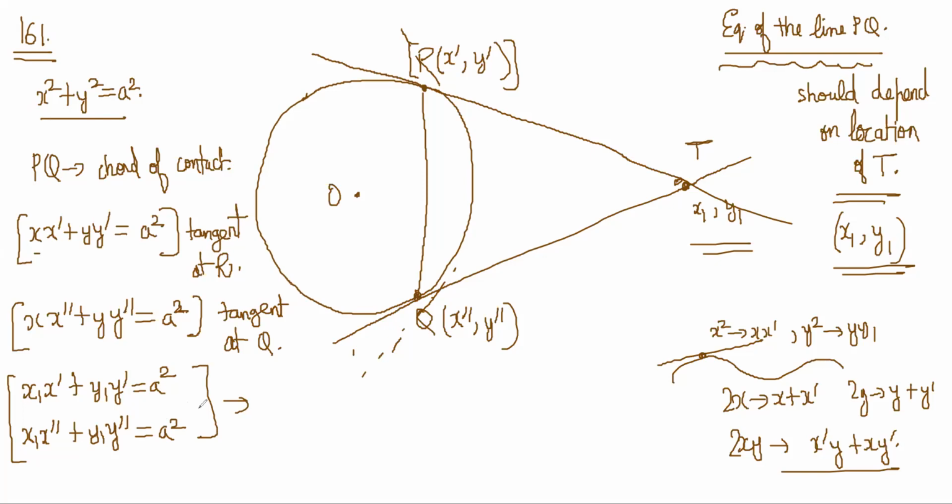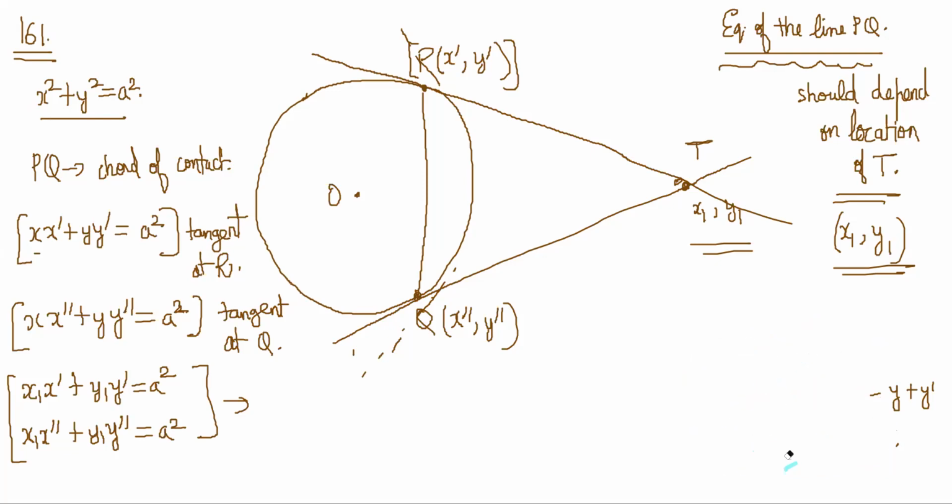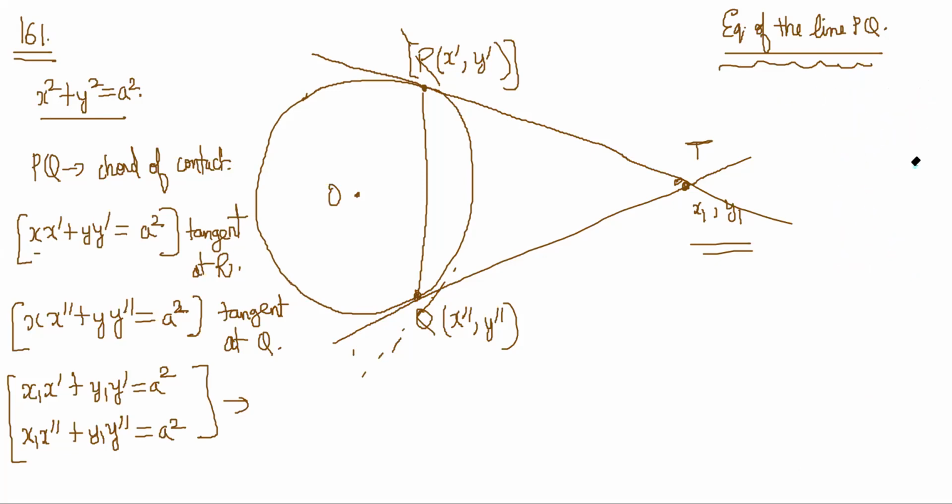Now think about what it means to write a line equation of PQ. Suppose the PQ line was given by ax plus by plus c is equal to 0, right?